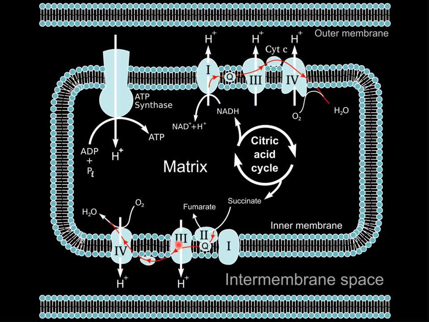We have 4 and 2. So 4, 6. Does that make sense? So if each carrier is just carrying 2 electrons, yes. So with FADH2, then it's 4 and 2.